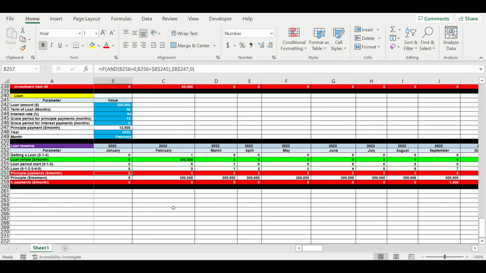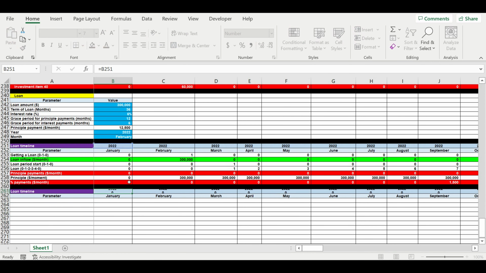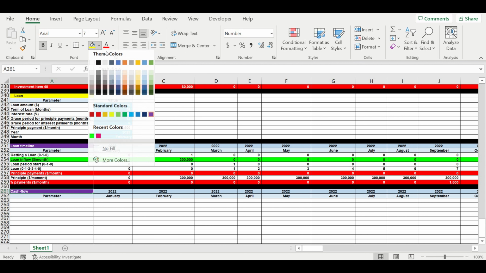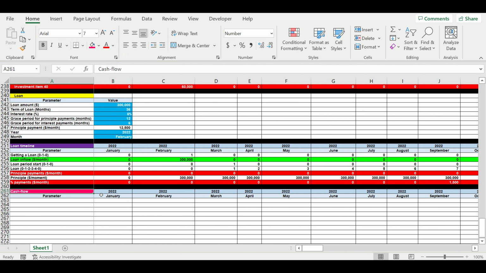So let's start building the cash flow. First of all, we are creating a timeline. So we are starting with revenues.